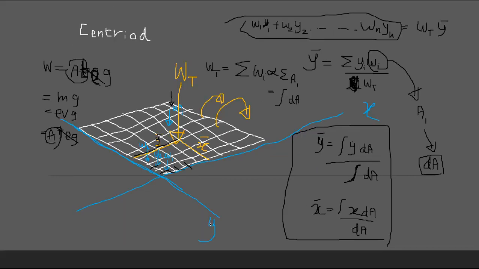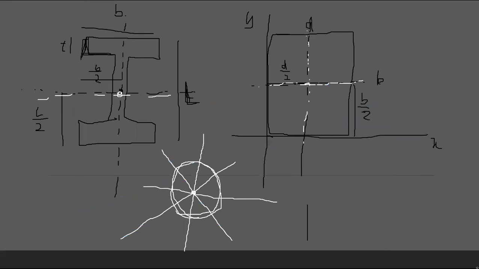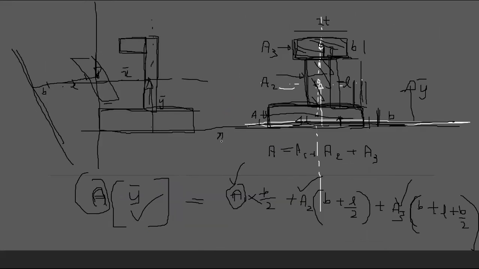This axis should be changed, right? Because when you take moments about the y-axis, the distance is x. If you take moments about the x-axis, the change in distance is y, so you have y bar.